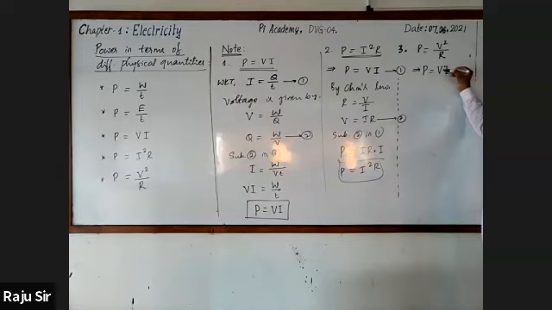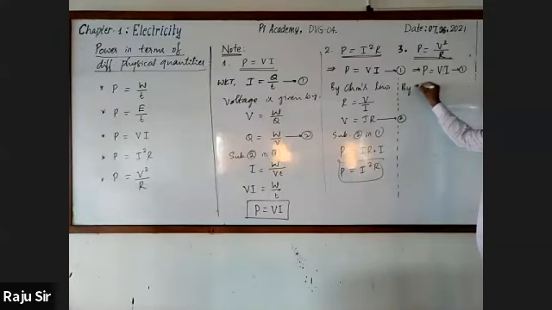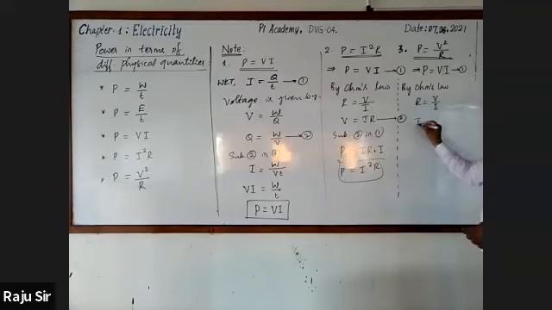Then we need to take substitution for I. Let us find out that I by using again Ohm's law. V by R. You call it as statement 1. By Ohm's law, we can write R is equal to V by I. Then I is equal to V by R. Call it as equation 2.